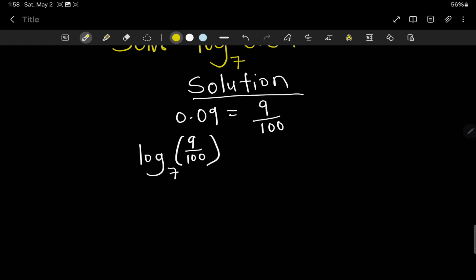We would therefore say that this is the same as log to the base 7 of 9 minus log to the base 7 of 100.